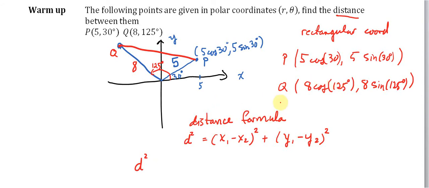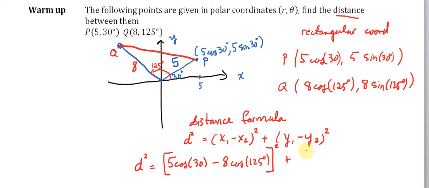d squared, x1 here is going to be 5 cosine of 30. x2 here is going to be 8 cosine of 125. And all of that is going to get squared.